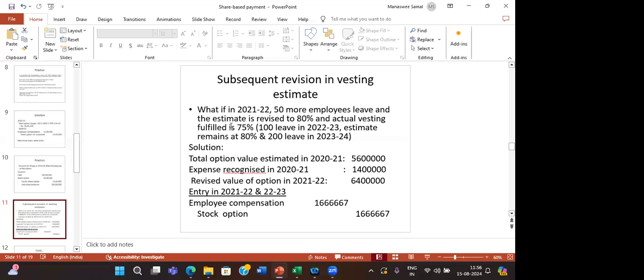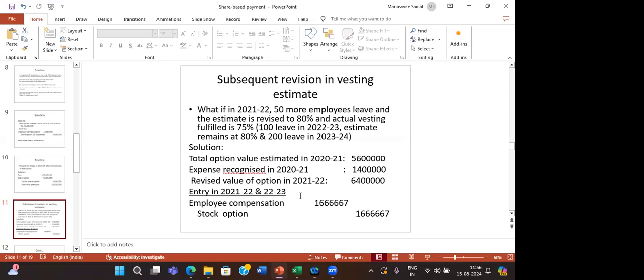Option, but if you are saying that it is 80%, then the value of total options will change because it's no more 1400 people. I believe it is 1600 people, isn't it? So 1600 people, and each person has been given 100 options.